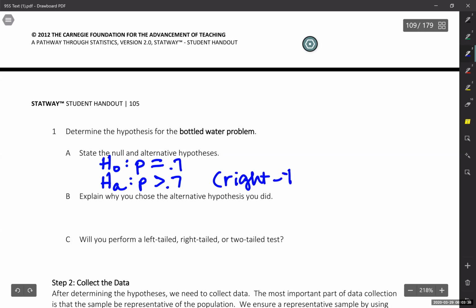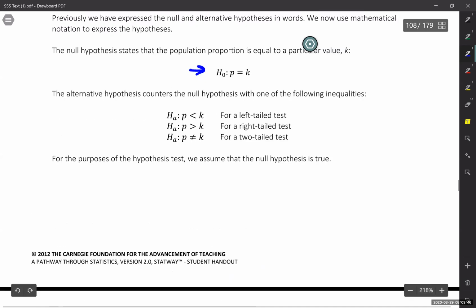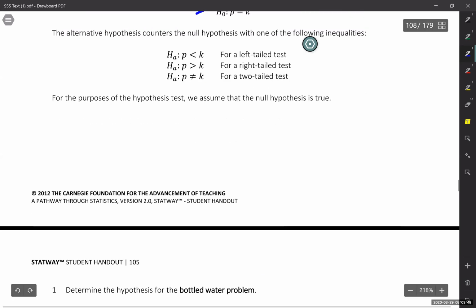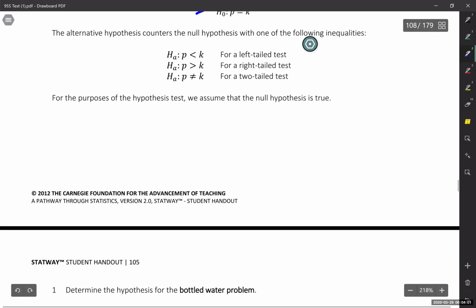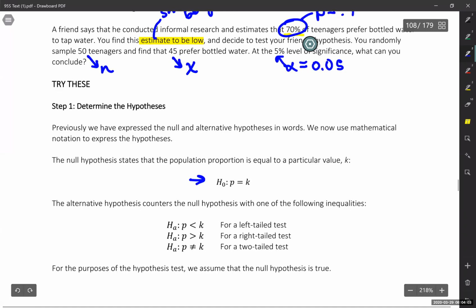You should be pretty comfortable saying right-tailed, left-tailed and two-tailed from the alternative, but as a reminder, it's listed right up here on the previous page in case you forgot. All right, so explain why we chose the alternative hypothesis that we did. Well, what did we say? We find the estimate to be low.